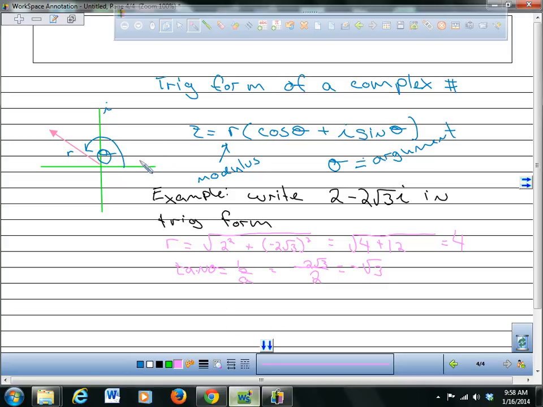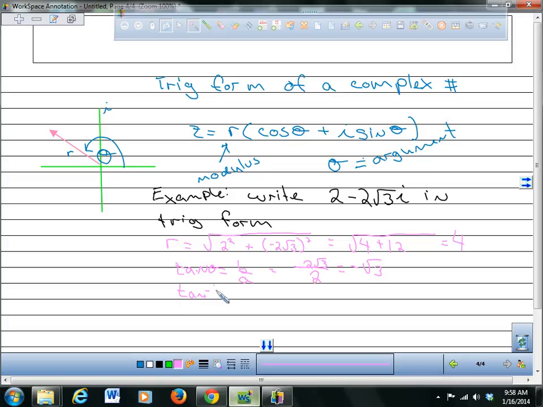And then you have to figure out what your angle is. Looking at the picture, 2 minus 2 root of 3, so if I go over 2 and down 2 root of 3, which quadrant am I in? Fourth quadrant. Even though the tangent of theta is equal to this, I still have to pay attention to which quadrant I'm in. I'm going to take the inverse tangent.